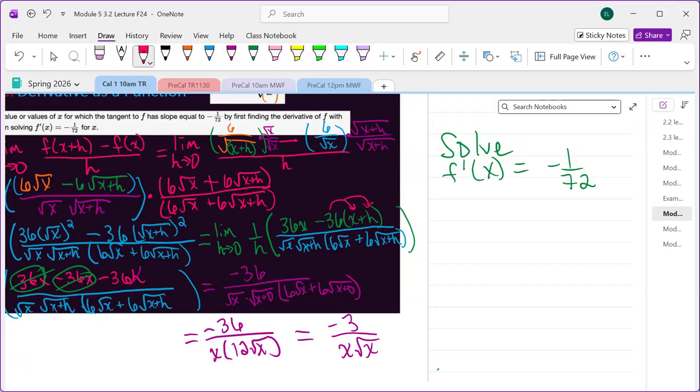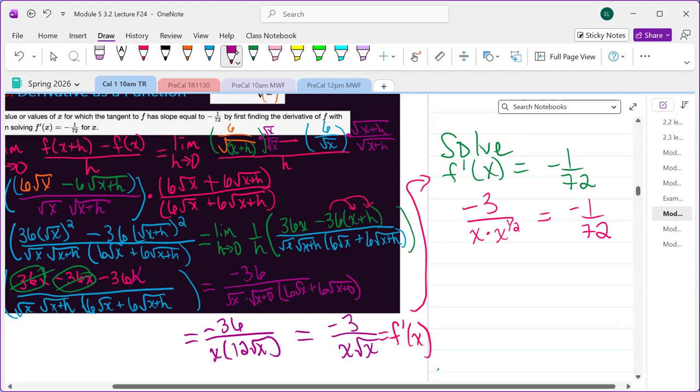So down here, this formula I got, this is f prime of x. So I'm going to write it in place of f prime of x. So this is now negative 3 over x times, now instead of square root of x, I'm going to change this to x to the 1/2. So our x times x to the 1/2.